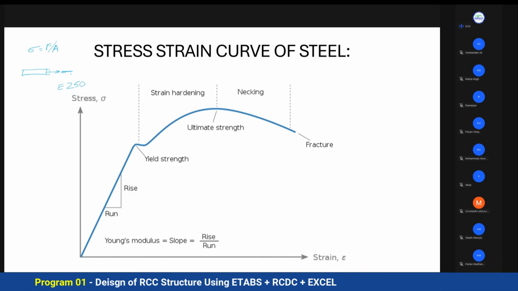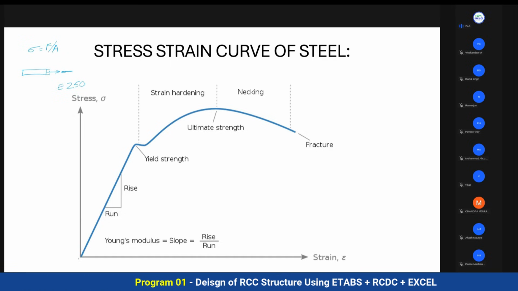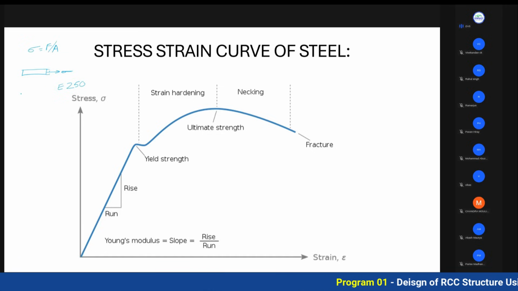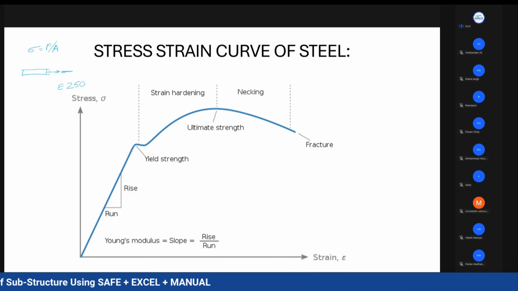And when you release this force, again it is gaining its original shape. So when you apply certain force, it becomes longer. When you remove that force, it comes back to its original shape. So this is called the elastic limit. From this level up to this level, your member will be under elastic limit.